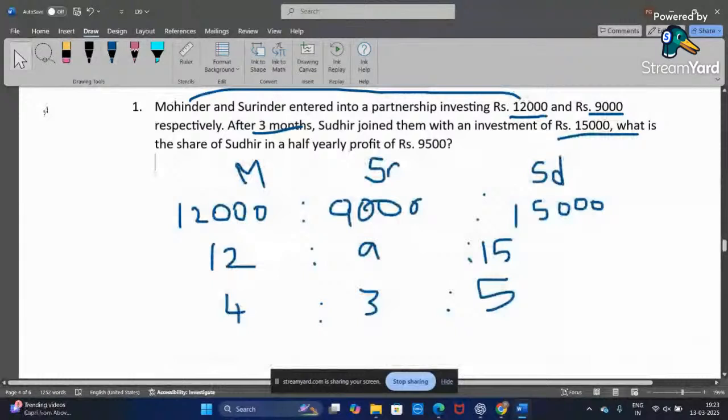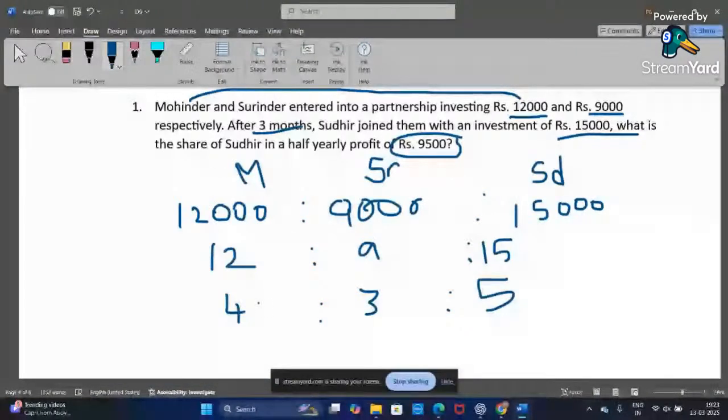Read the question again. After 3 months, Sudhir joined them with the investment of 15,000. What will be the share of Sudhir in a half yearly profit of rupees 9,500? They have given this 9,500 as a half year profit. Then Mohinder and Surinder have completed 6 months. This person has completed 3 months. Why?